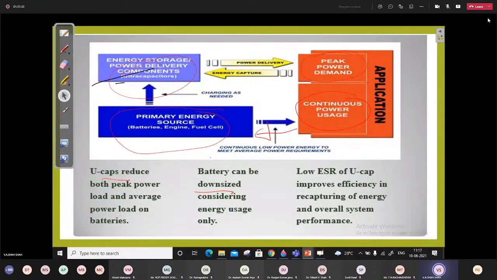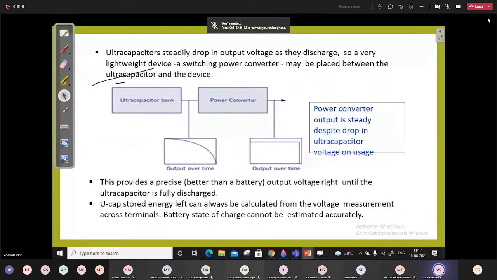And low ESR of ultracapacitors will improve the efficiency in recapturing of energy and overall system performance. But as I have told you, the supercapacitor voltage will vary as it gets discharged, right? Let's say this is my supercapacitor, and I'm connecting it with some load.